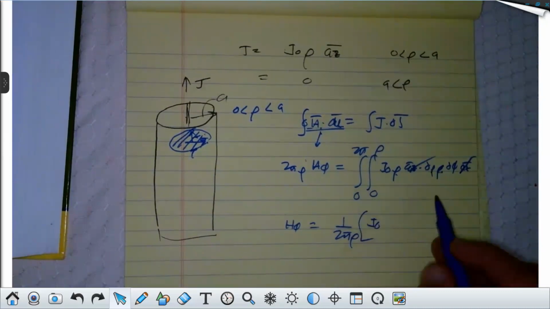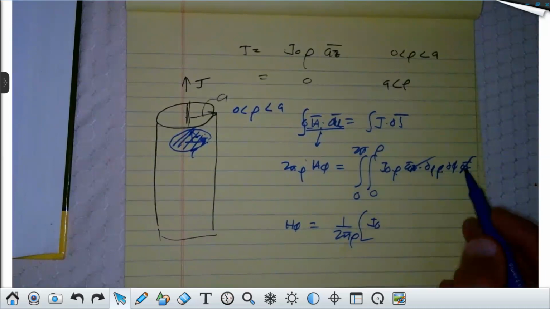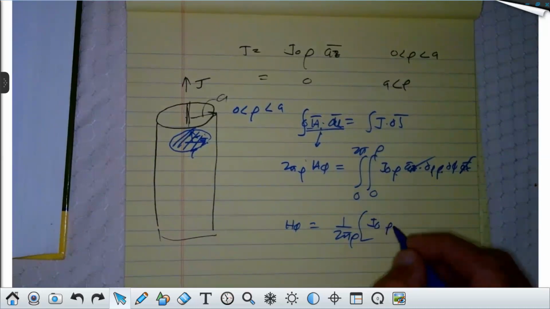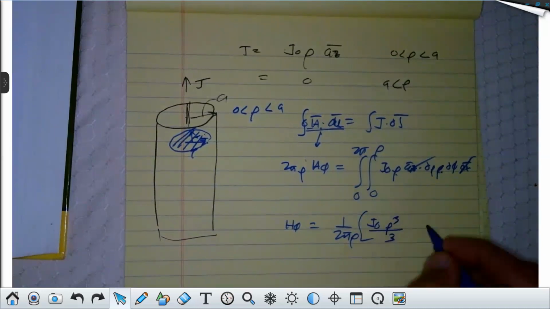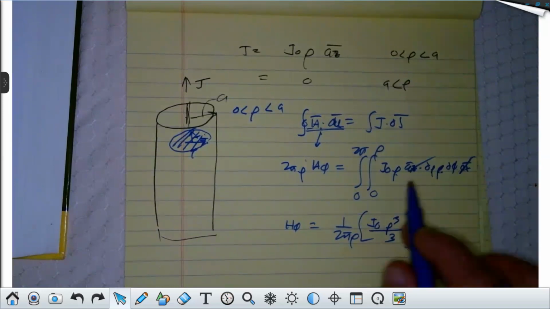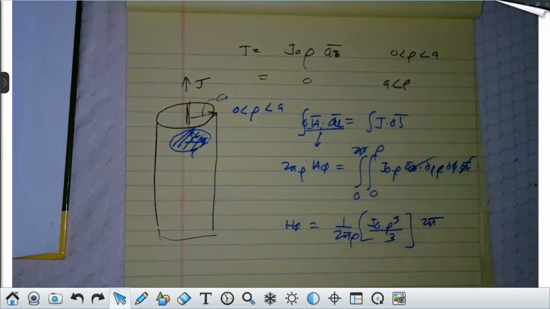Now, when I integrate rho squared d rho, I get rho cubed over 3, and evaluating from 0 to rho, I just get rho cubed over 3. And when I integrate d phi from 0 to 2 pi, I get 2 pi. Do you agree with me?